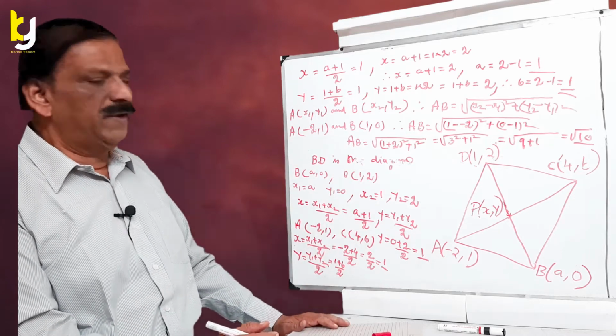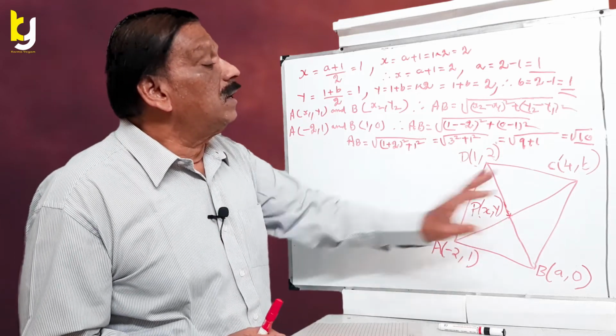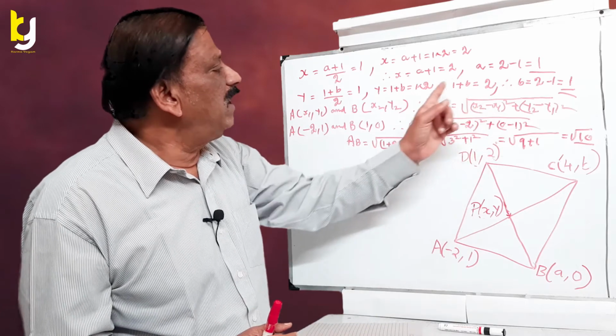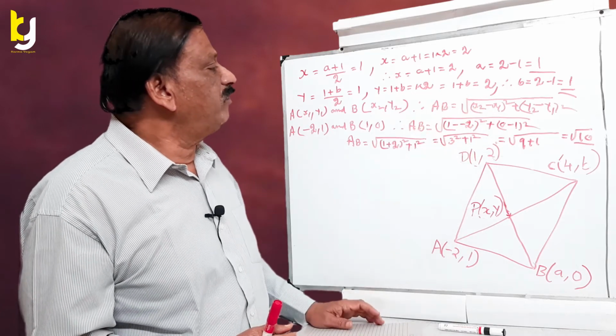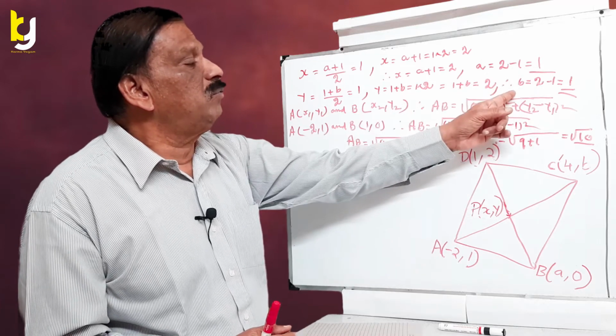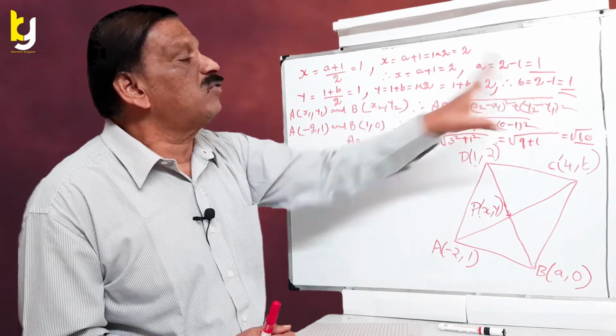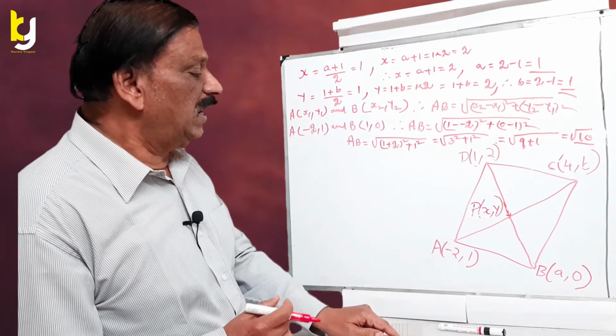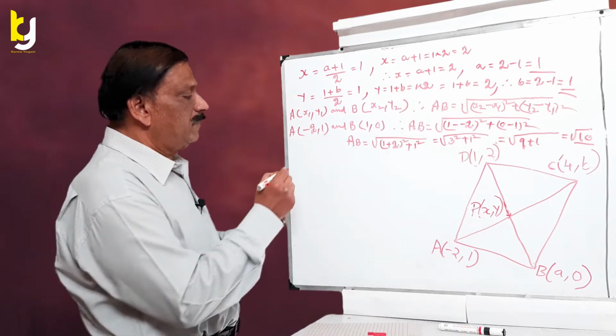Next step is the length of this side BC. We know the value of A is equal to 1, that is 2 minus 1 equal to 1. The value of B is equal to 2 minus 1, that is also equal to 1. Then the length of BC we can find out.